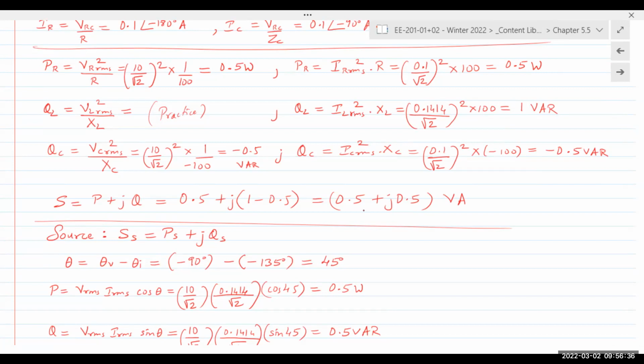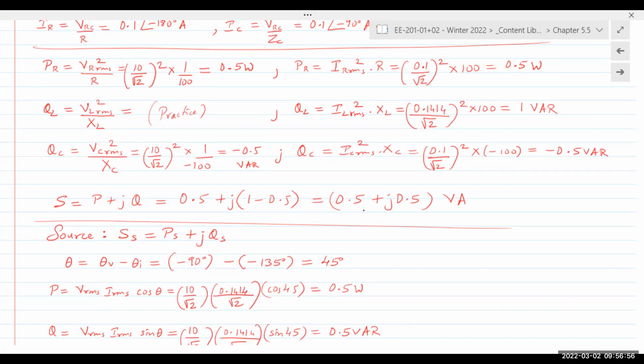So it might become minus 0.6, minus 0.7, minus 0.8, thereby further reducing the requirement for Q from the source. Your inductor requires 1, your capacitor is supplying 0.5 or 0.6 or 0.7 or 0.8. And that is power factor correction.